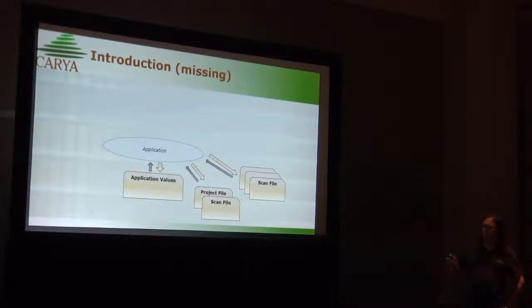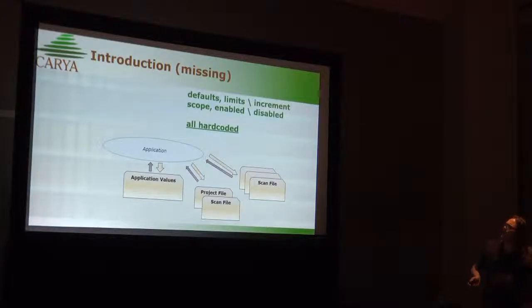And it's all ini file based, except that in the scan file they are compressed in a part of the binary file. And in the application, in the windows that I showed earlier, all the defaults and the limits and the increment and scope, etc., whether control and indicator is enabled or disabled, it's all hard-coded.